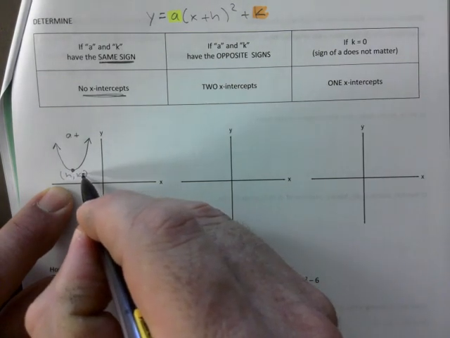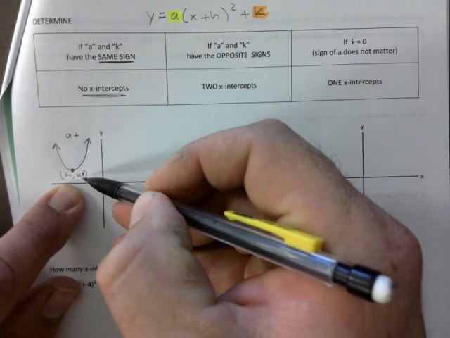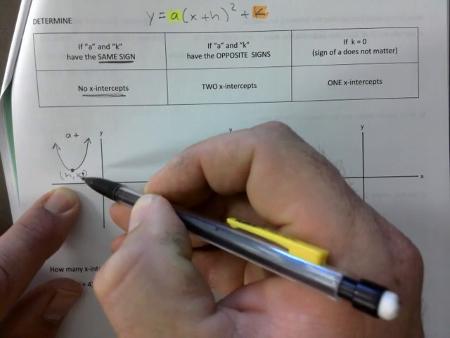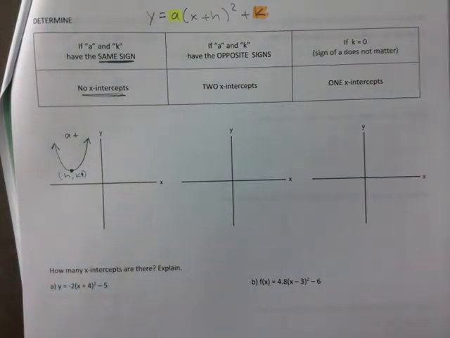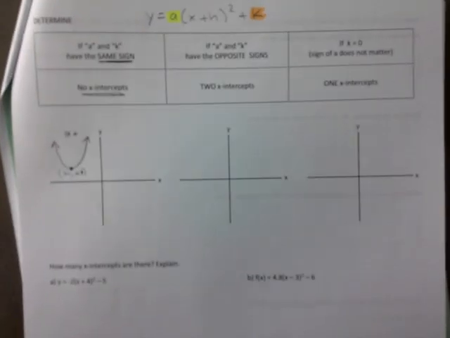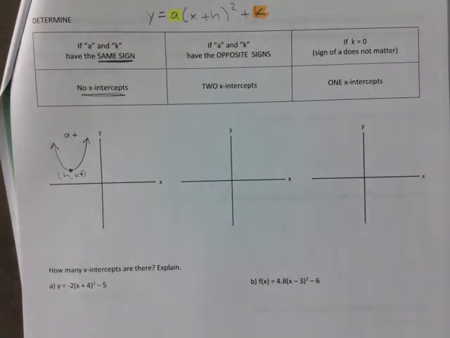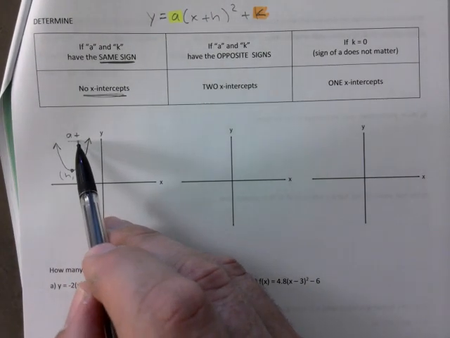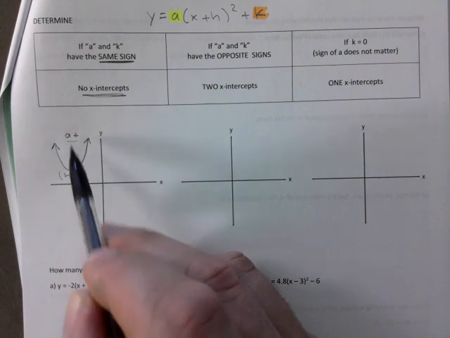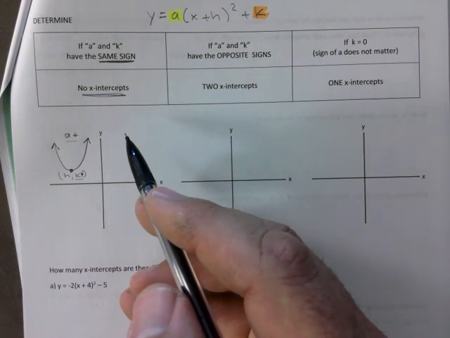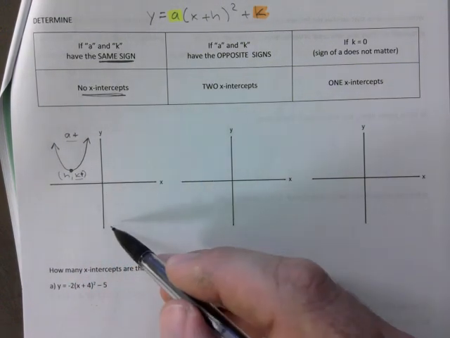In this case, k is positive, because we're above the x-axis. So a is positive and k is positive. They're the same sign, so no x-intercepts. It will never cross the x-axis.